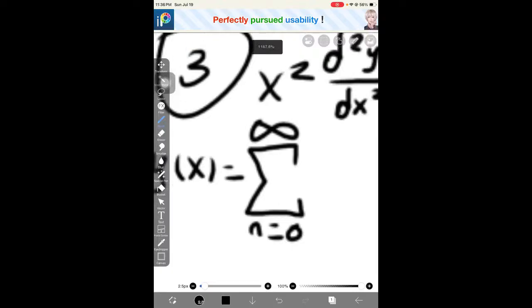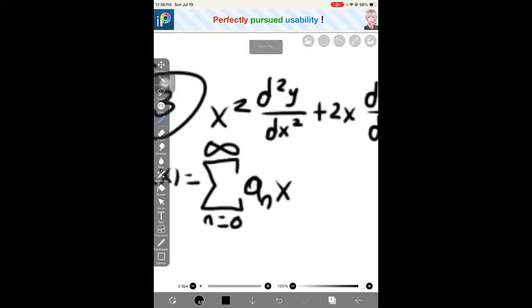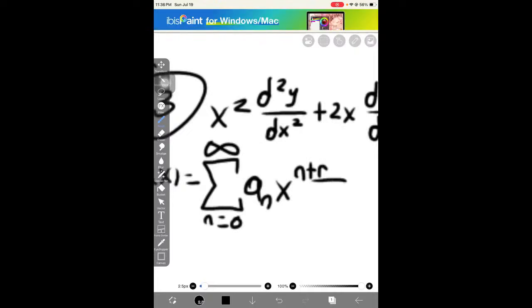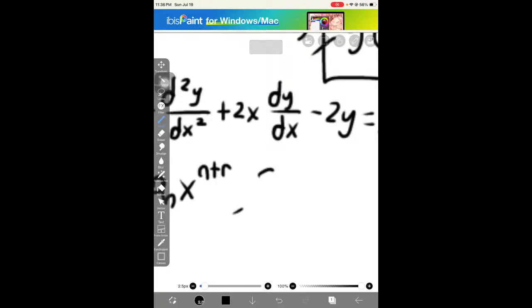Let me show you. The sum from n equals 0 to infinity of a_n times x raised to the power of n plus r. Now there is an r there. You'll see why, because we're going to involve something called an indicial equation.